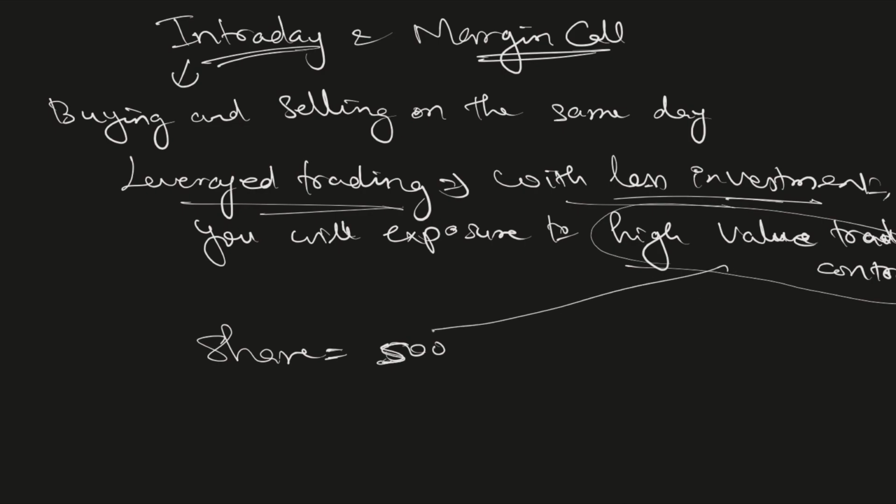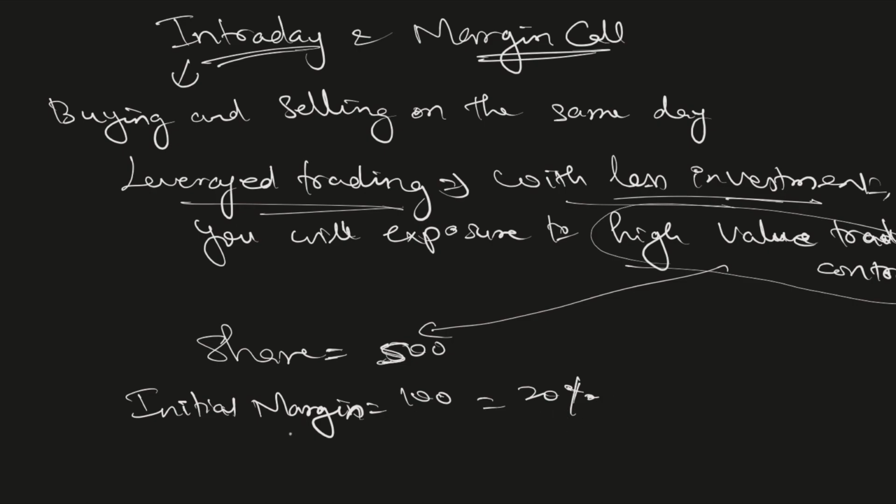However, the amount that you have is only 100. I will call this the initial margin that you have in your hand. Initial margin is 100, which of 500 comes to 20 percentage.